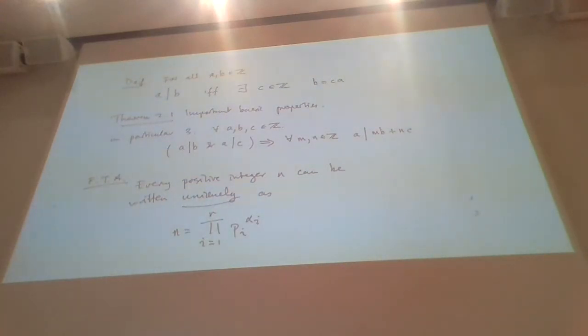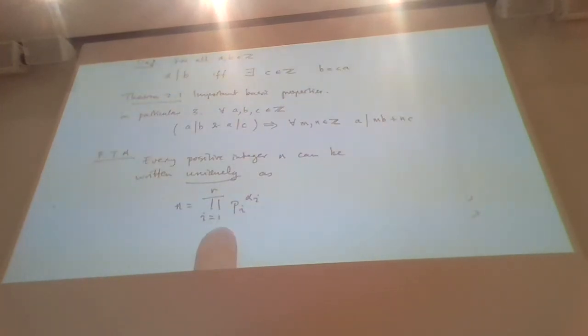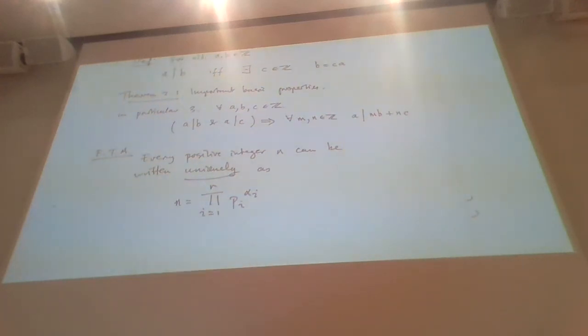So n can be written as a product of powers of primes: the product of p_i to the alpha_i for i running from 1 to r, where the p_i are primes and the exponents alpha_i are positive integers.